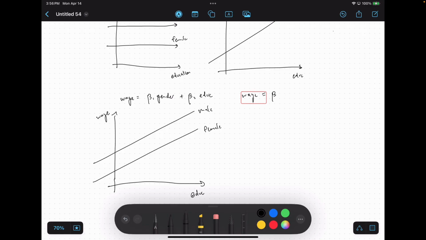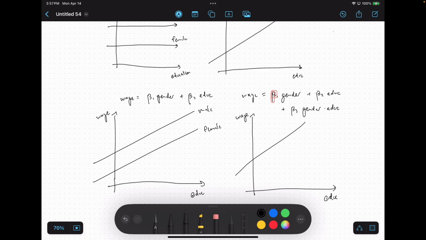So wage is equal to beta 1 gender plus beta 2 education plus beta 3 gender times education. And we can see that like so: wage, education, and you might see something like male and female. In this case, the interaction allows you to have different slopes.